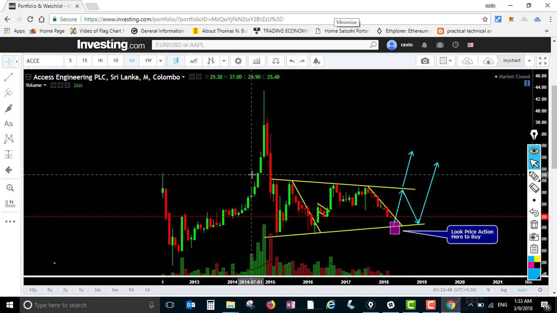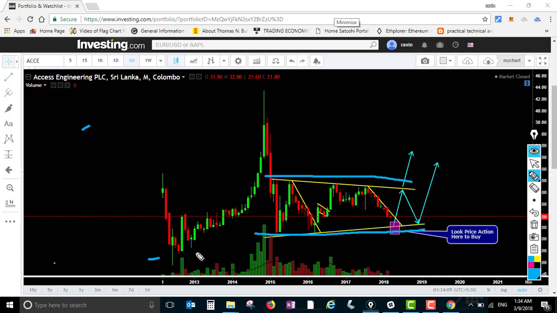I think there are more than 200 shares in the Colombo Stock Exchange, and take each and every stock. For example, if you take Access, take the 1 month chart and draw the structures like this, and take a screenshot of it. Here is the screenshot button.